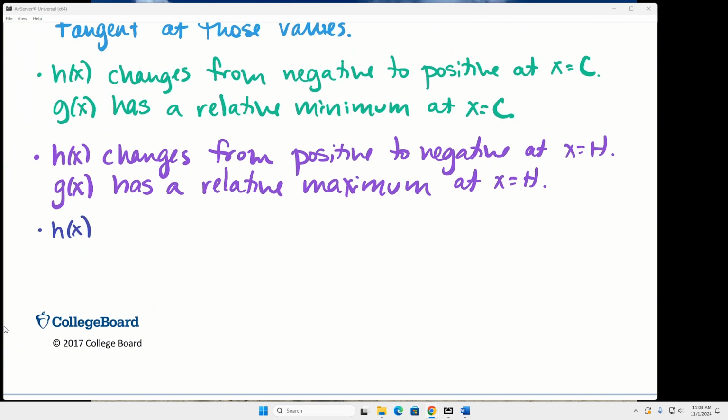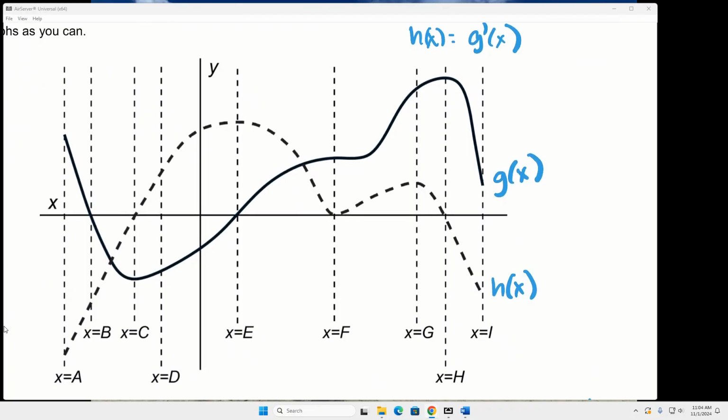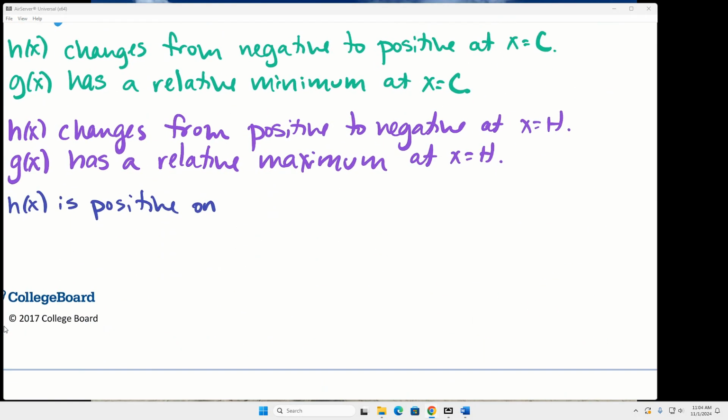So h of x is positive. All right, let's see where. h of x is positive from, looks like c to h. Yep.